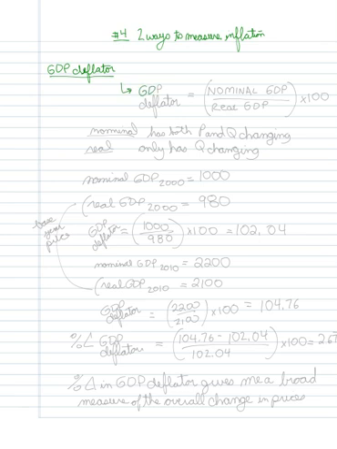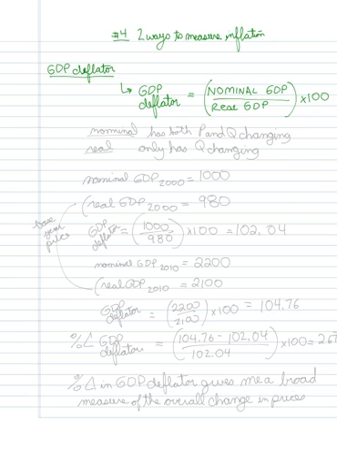If you remember from our previous discussion of the GDP, the GDP deflator equaled the nominal GDP over the real GDP for any given year, times 100.